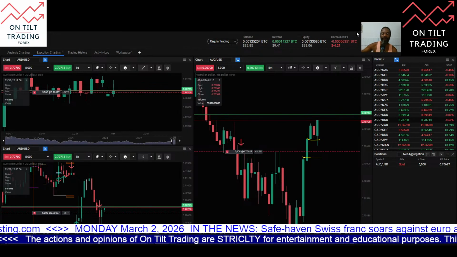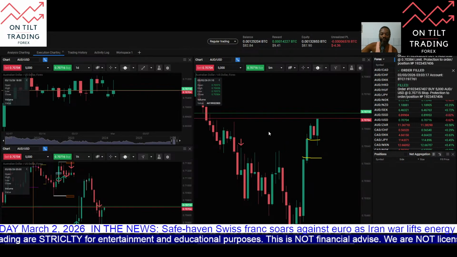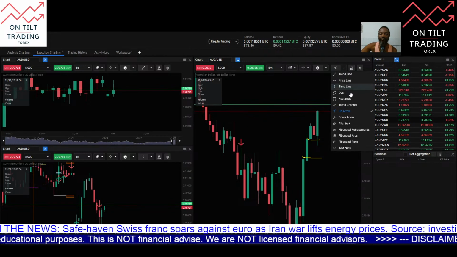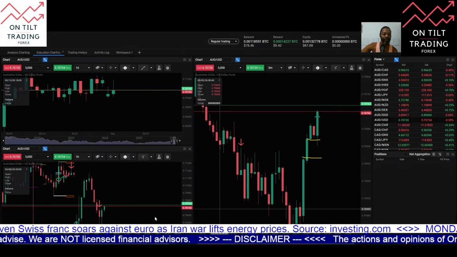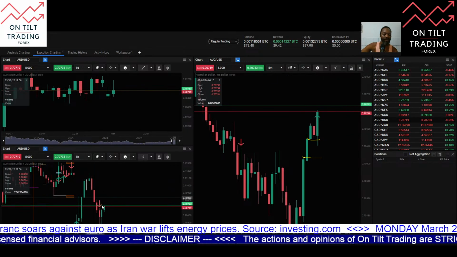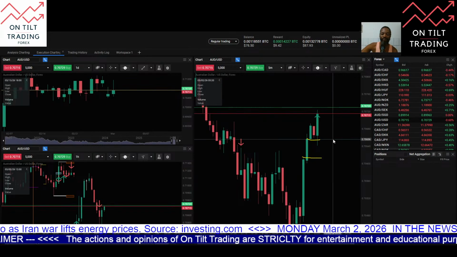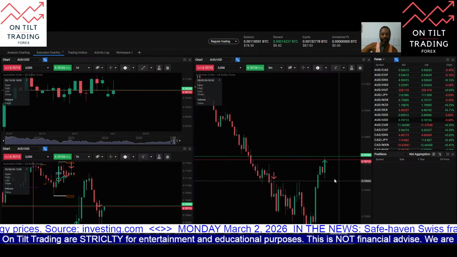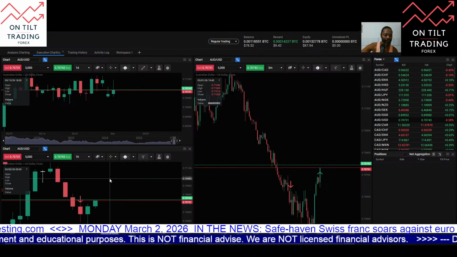Stop out here. And just stopped out. So what I want to look for here is there's no structure shift here, which is my issue here on the 1 hour chart.